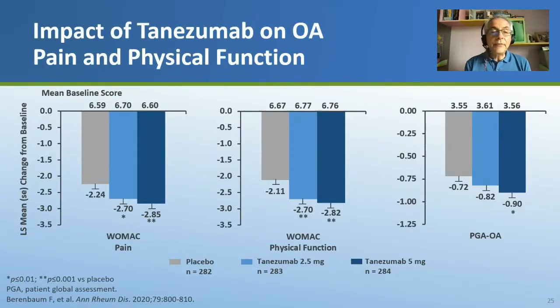For tanezumab 5 milligram at week 24, there was a significant improvement from baseline in WOMAC pain, WOMAC physical function, patient global assessment, and for the 2.5 milligram, there was significant improvement in WOMAC pain and WOMAC physical function.